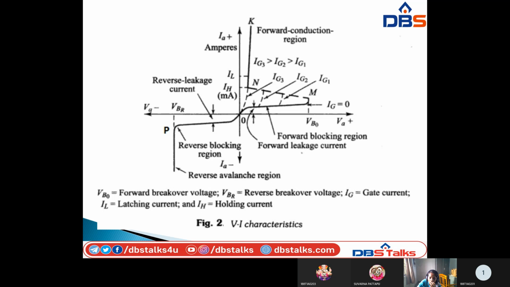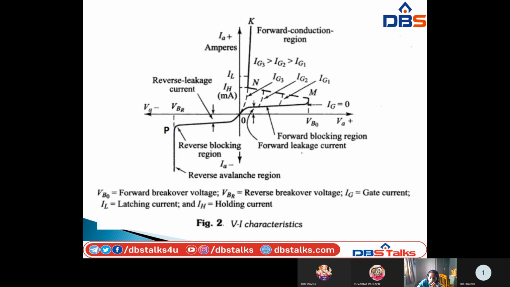So we are taking the forward voltage on the x-axis and current on the y-axis. At first the thyristor will not conduct, so only leakage current will flow in the forward blocking region.